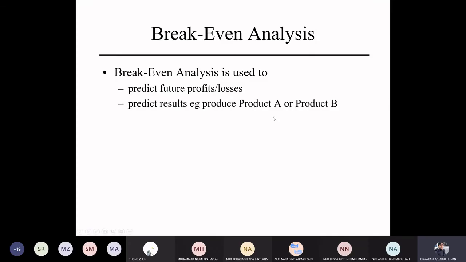Next, we're going to predict the result of the produced product. Say you just manufactured a product, based on what type of business you carry out. For example, say you produce toys.